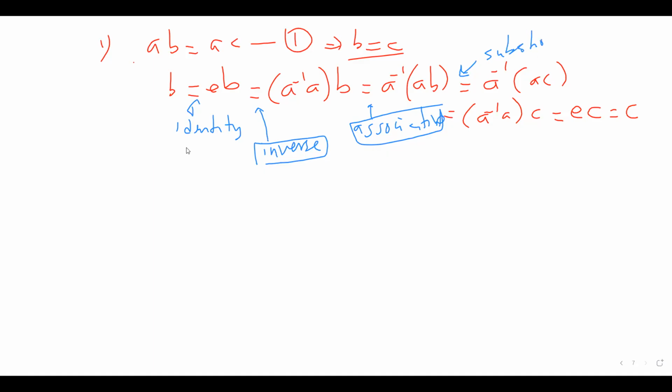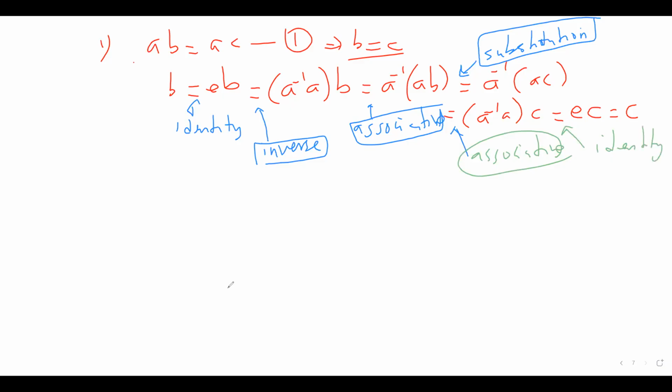And once you do substitution, you apply associativity again, and then you use the identity to give you the result that you need.